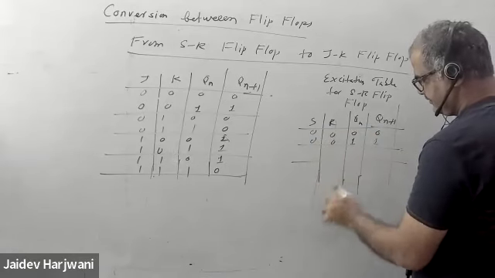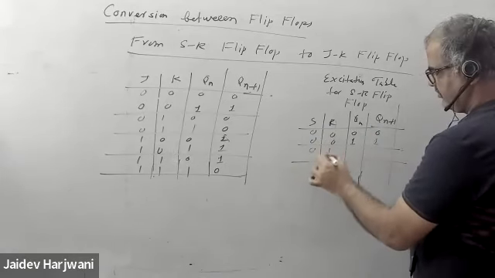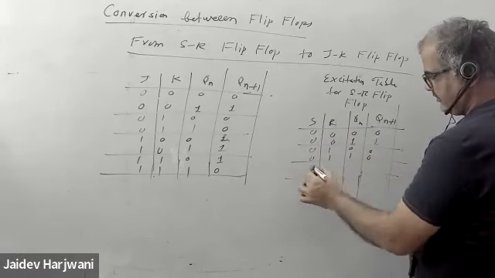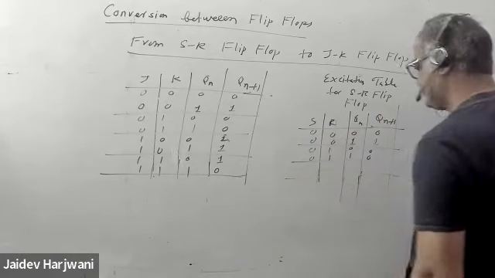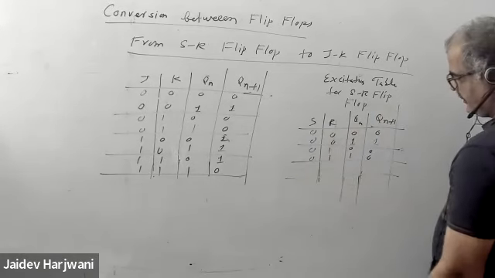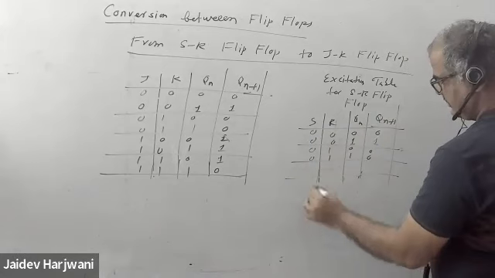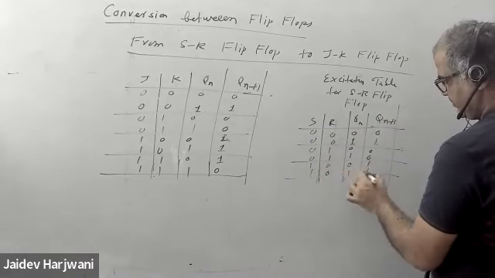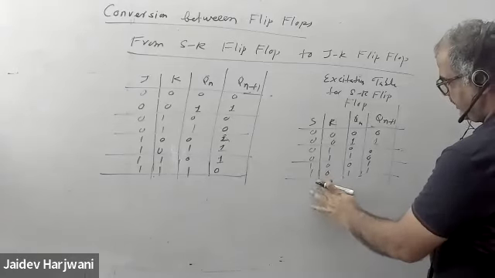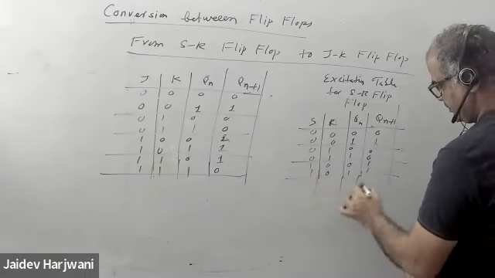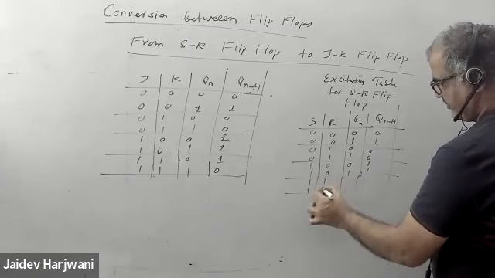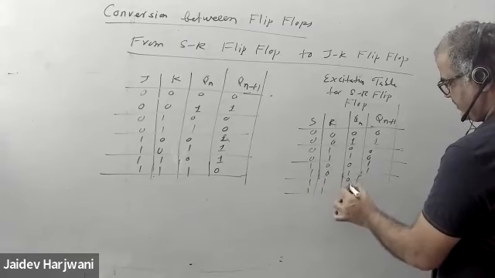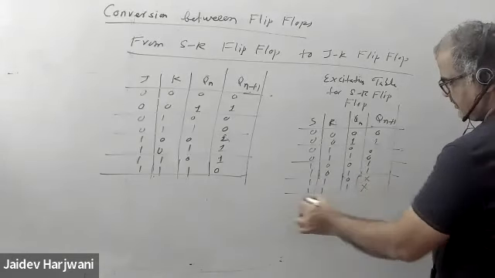If you give 0, 1, this becomes 0 for both. Then you have 1, 0, which gives 1, and then 1, 1. So 8 entries, and the next is 1, 1 with 0 and 1, which become X X.